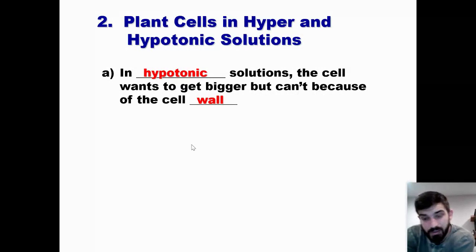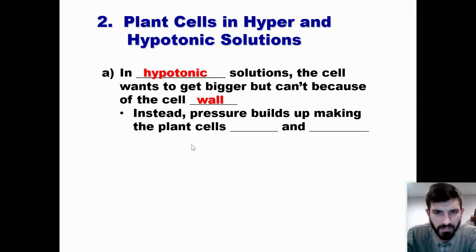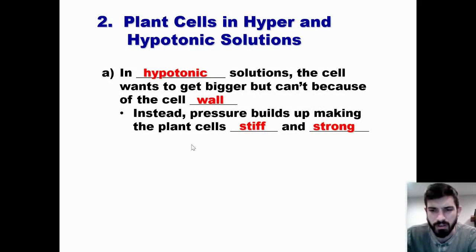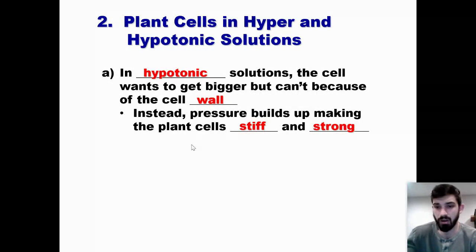So because it's so sturdy, whenever it sucks in that water, it's not going to swell up so much. All it's really going to do is make the pressure build up on that very firm wall and just kind of support it and make it stronger, making the plant stiff and strong. That's why when you water your plants appropriately, they stand tall.